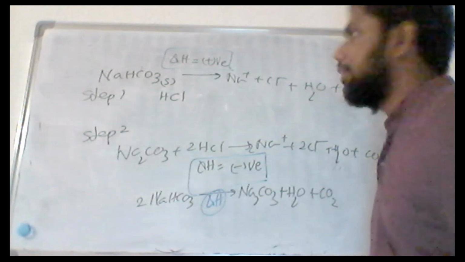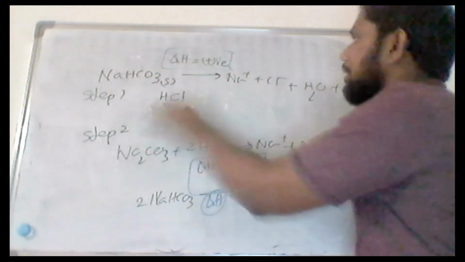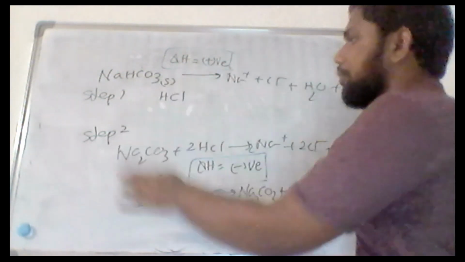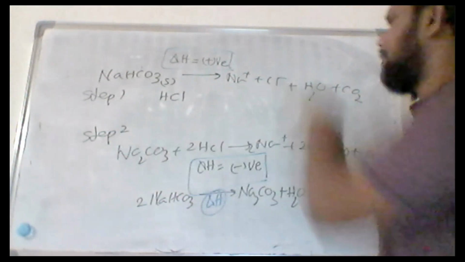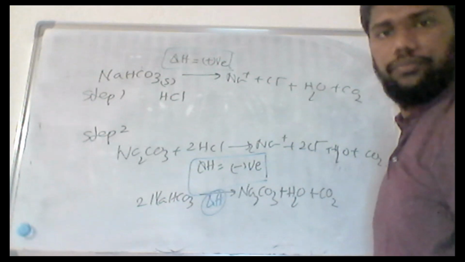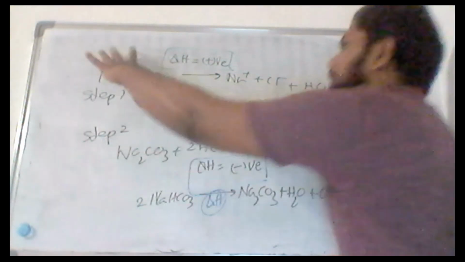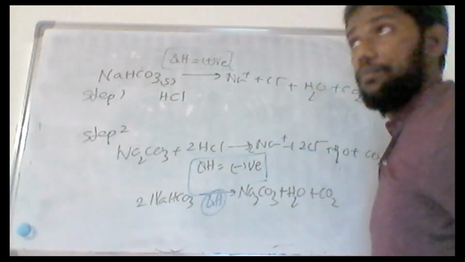When NaHCO3 reacts with HCl, it gives this. When sodium carbonate reacts with HCl, it gives the same compounds, right? Same compounds. So you add HCl to this, you add HCl to this, you are going to get the same compounds.